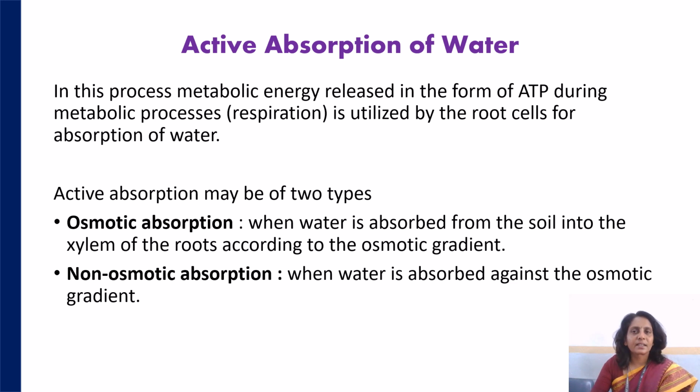As the word says, active, it involves the utilization of metabolic energy or ATP, which is released during the respiration process. Active absorption can again be broadly classified into osmotic absorption and non-osmotic absorption. In the coming slides, we shall discuss each of them separately.